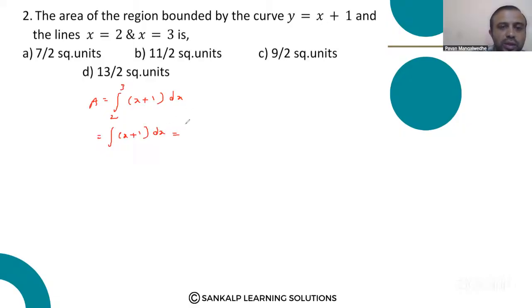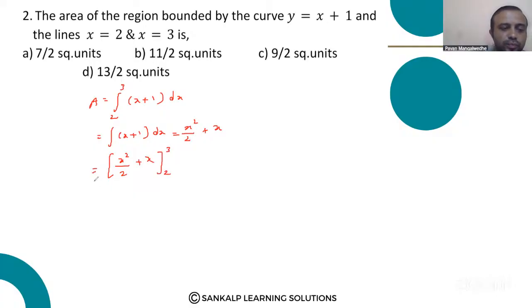Now evaluate this integral: the integration of x plus 1 dx is equal to x square by 2 plus x. Applying the limits of integration, we get x square by 2 plus x from 2 to 3.